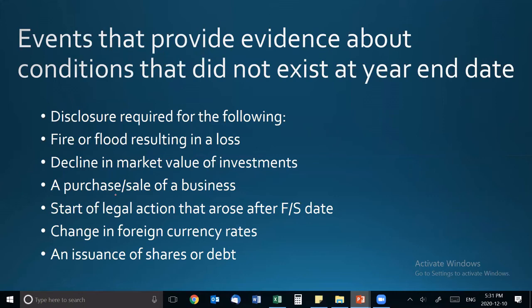So if you sell your business or purchase a business after year end, you do have to disclose that. Also the start of legal action after the financial statement date, a change in foreign currency rates, issuance of shares or debt. So sometimes companies want to wait till after year end to issue debt, so they don't show so much debt on their year end financial statements, but this does need to be disclosed.